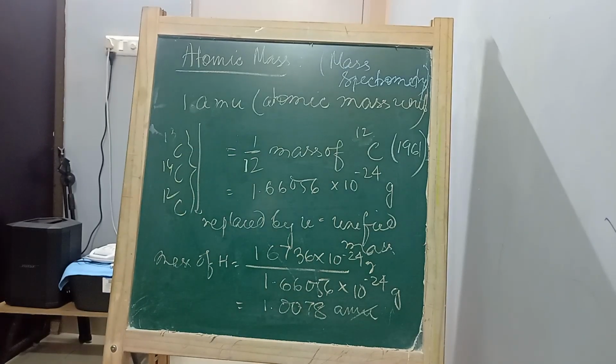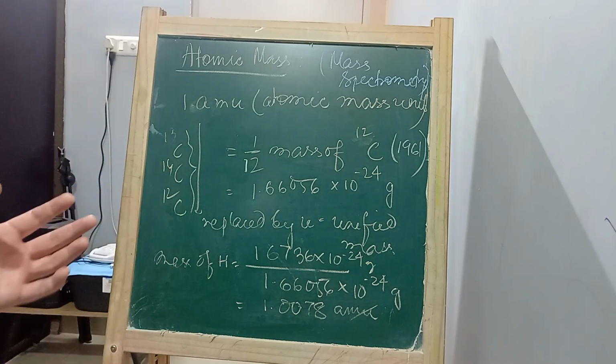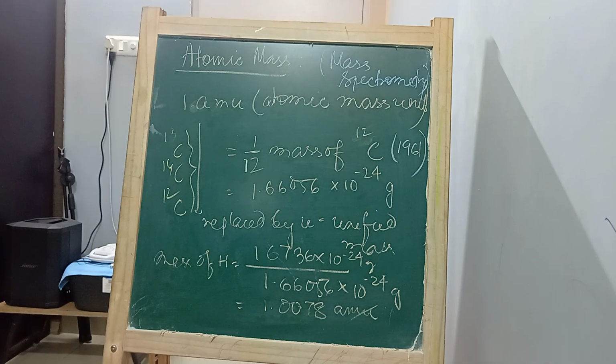Why carbon-12? According to Dalton's atomic theory, which was given around 1805 to 1808, in the early 19th century, all the atoms of an element are the same. But later it came out that the atoms of an element also sometimes differ. They differ in their masses. These different kinds of atoms of an element are called isotopes.